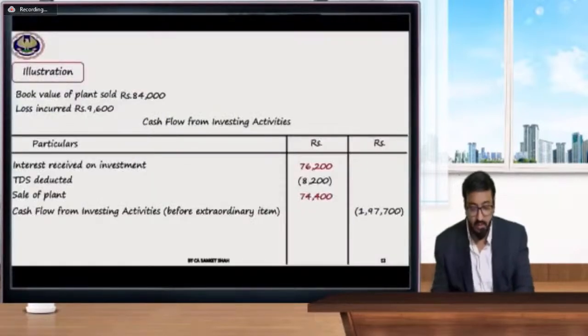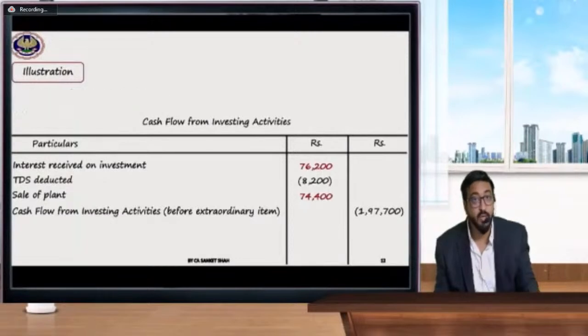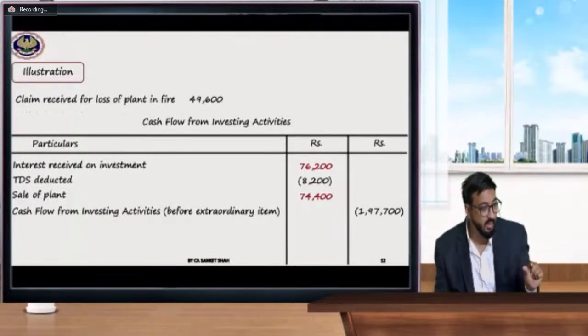Yes, ordinary. Extraordinary activity is different. Extraordinary activity means what? Now plant loss by fire, whether this is ordinary activity or extraordinary activity. Extraordinary activity, and therefore insurance claim received on loss of plant in fire. So you received claim, so plant is investing, therefore claim is also investing, but you will write it separately, separate line item.